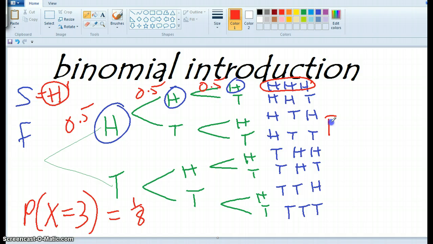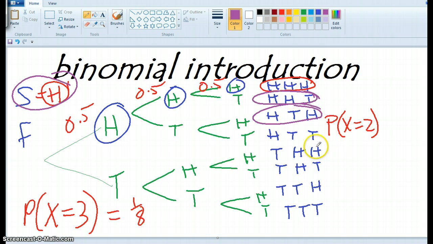What's the probability that x equals 2? So what was success? Heads. So there's 2 heads there, 2 heads there, 2 heads there. So what's the probability? 3/8. Okay. What's the probability that x equals 1?